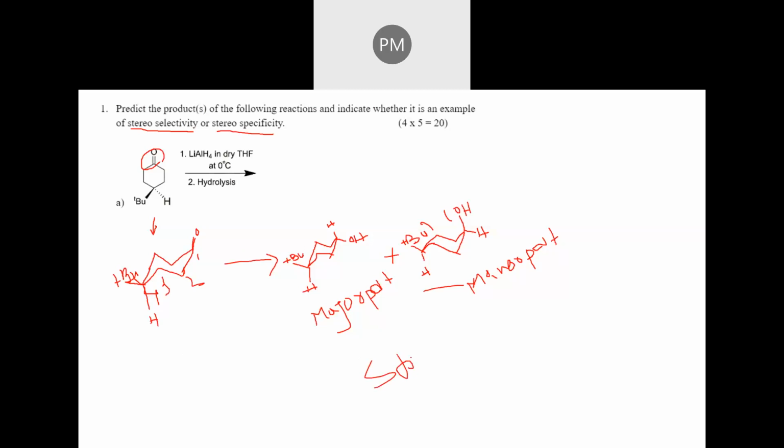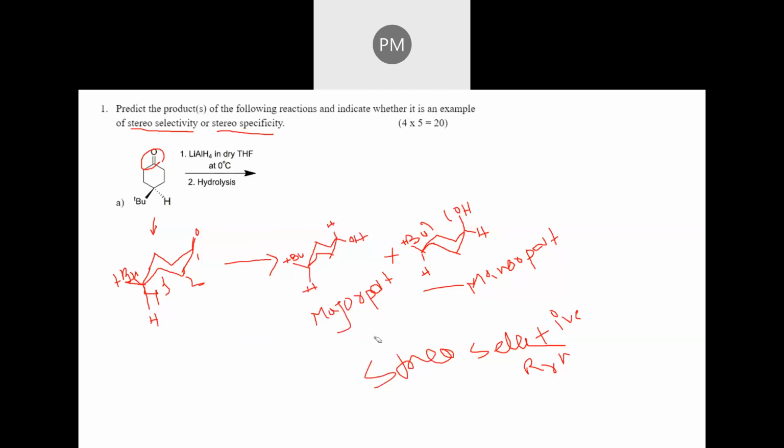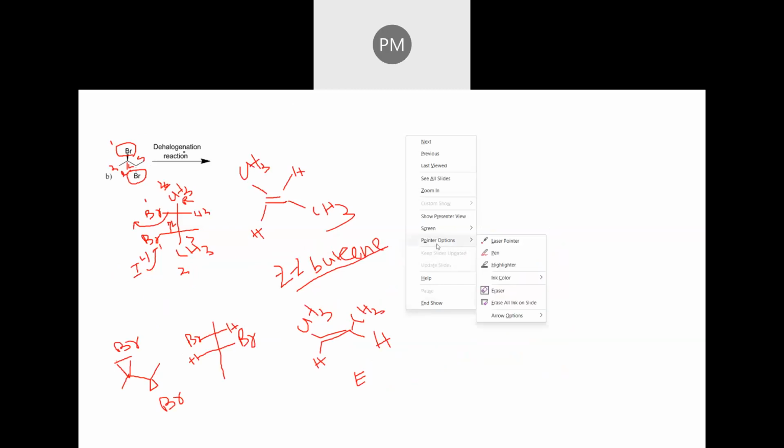So this one is also stereoselective. And this one is a stereospecific reaction.